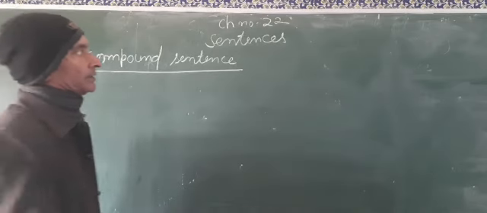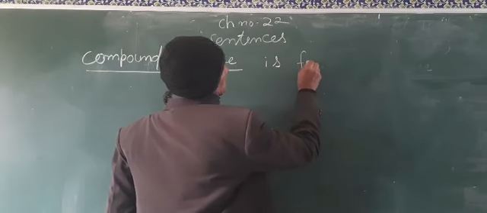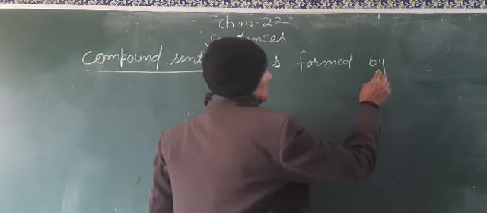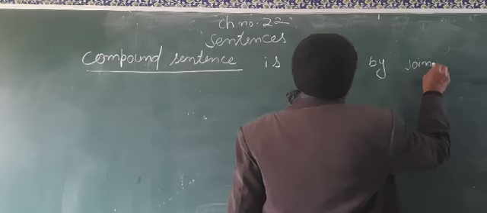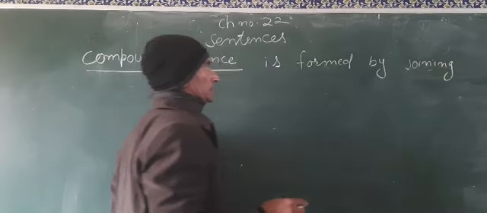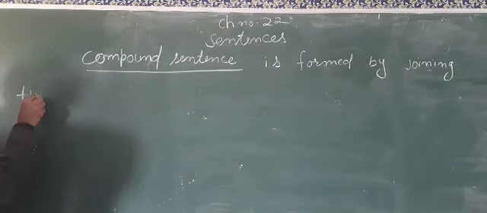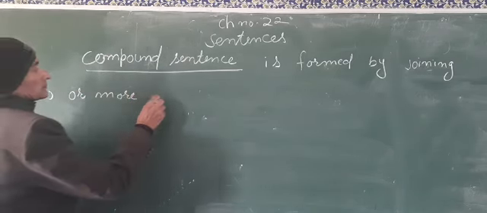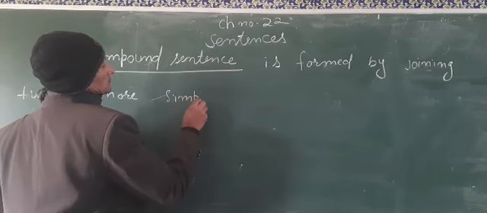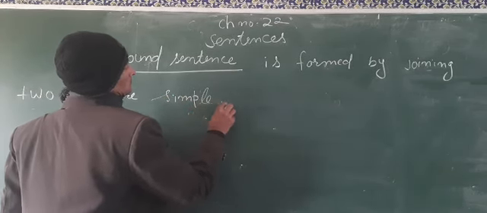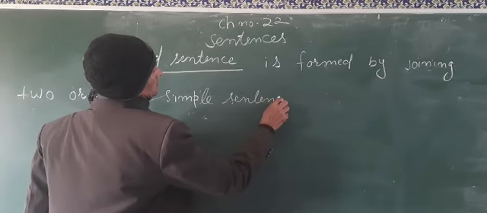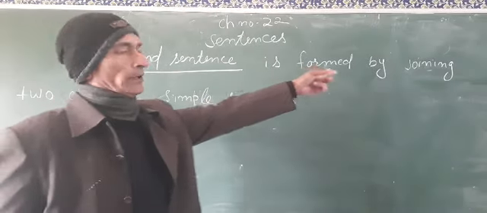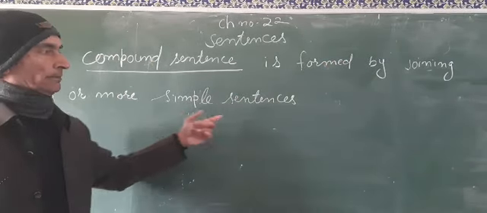A compound sentence is formed by joining two or more simple sentences.